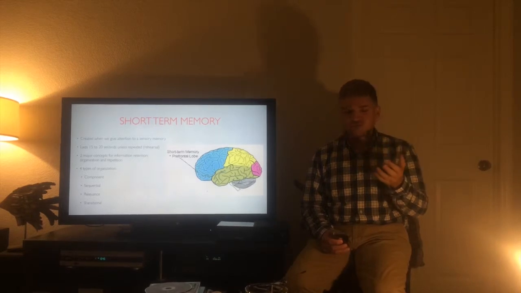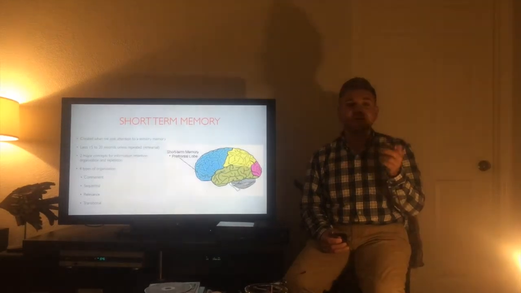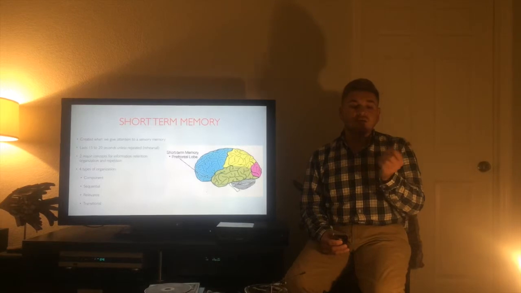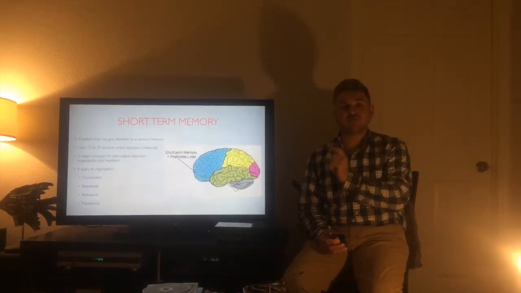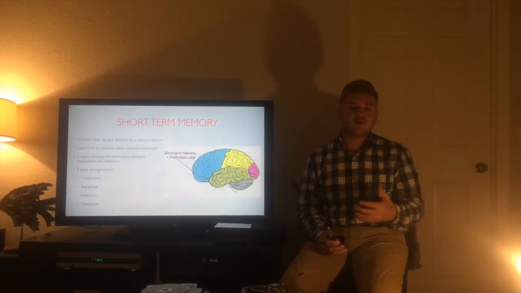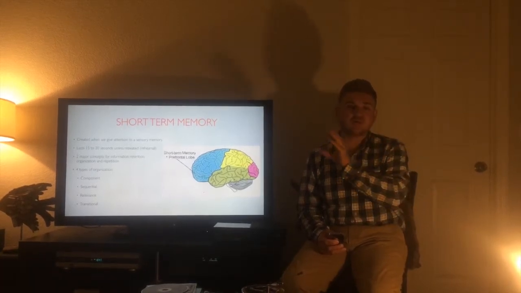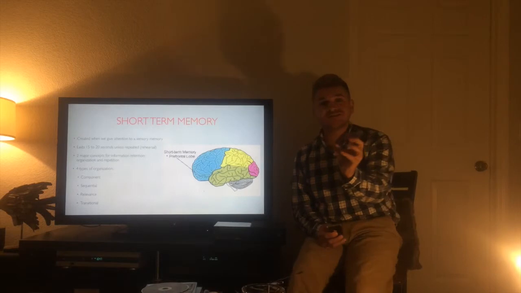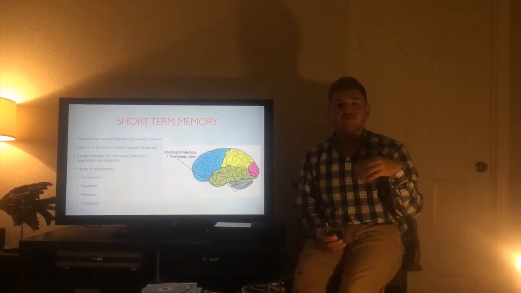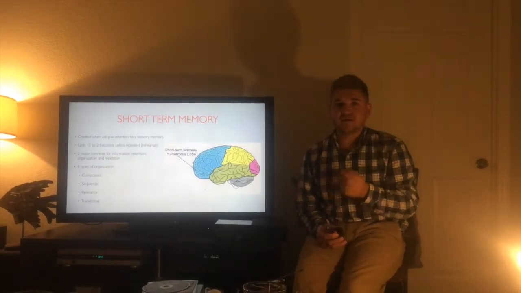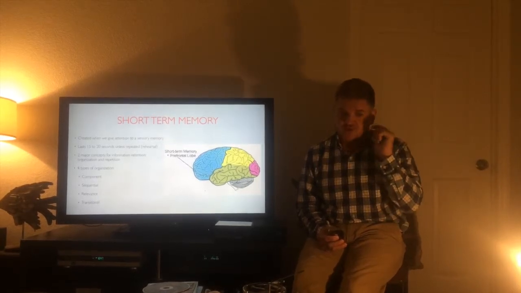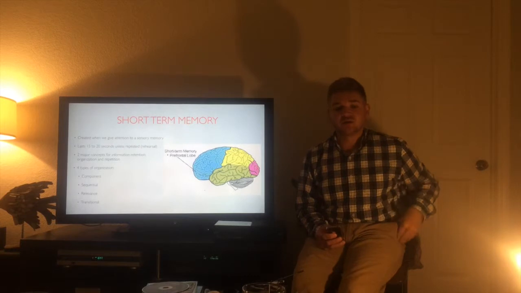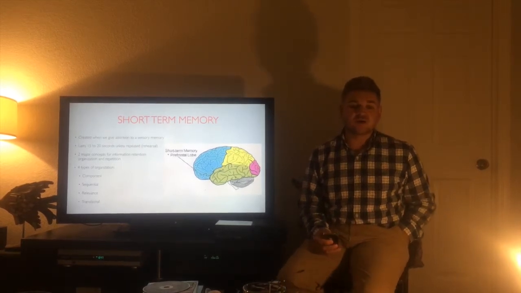There's an example that's used with the letters B, D, and E. B, D, and E each have their own bit of information. 3 separate units with each of them having their own information. But when put together, we have bed, B-E-D. That's 1 unit of information in which we process it. So that's an example of chunking of information.